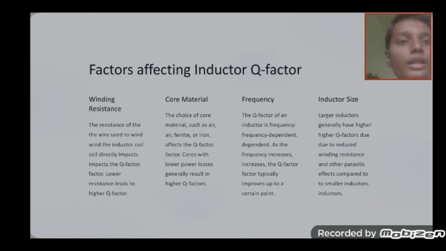Core material. The choice of core material such as air, ferrite, or iron affects the Q factor. Cores with lower losses generally result in high Q factors. Frequency. The Q factor of an inductor is frequency dependent. As the frequency increases, the Q factor typically improves up to a certain point.